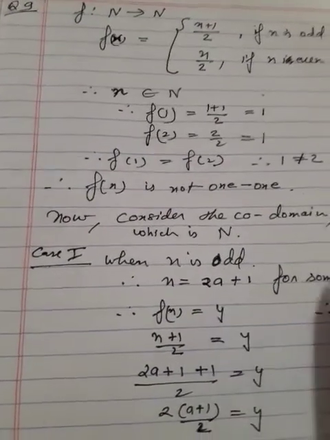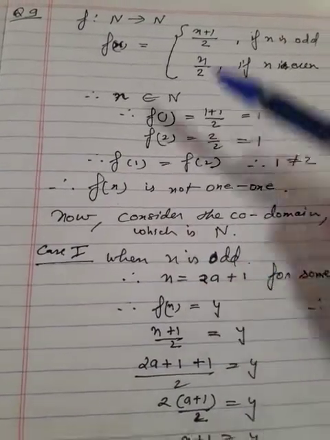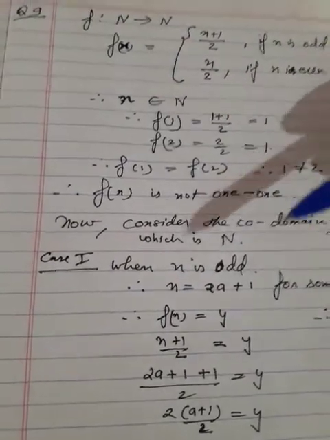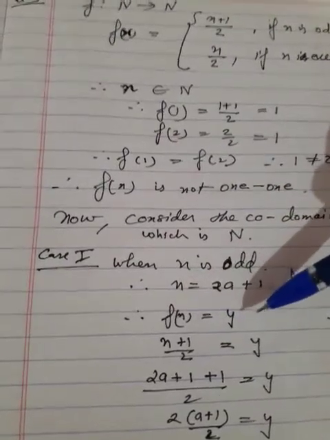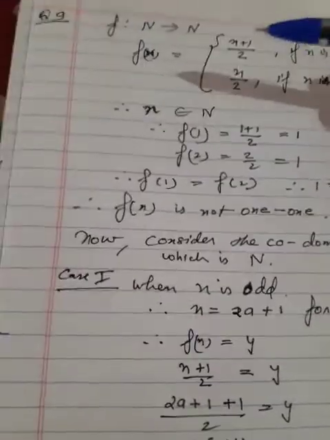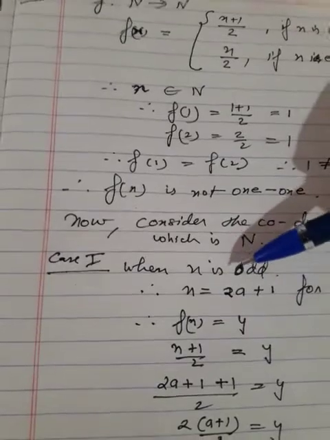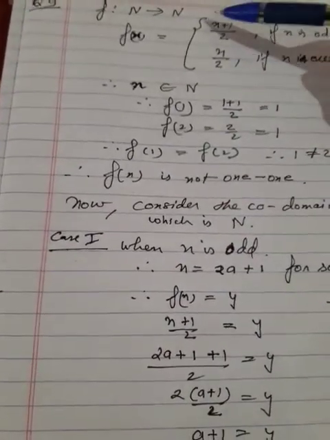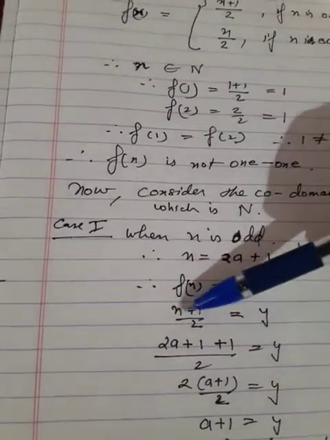Here a is any natural number, because we have to take domain and codomain both from natural numbers. The function is defined from N to N. So let f(n) equal y, where y should also be a natural number. Now n we have taken in the form of odd, so it will be 2a plus 1. In the case of odd, we have to take (n plus 1)/2, so f(n) will be equal to (n plus 1)/2.